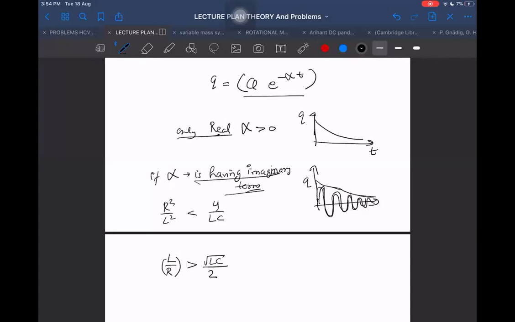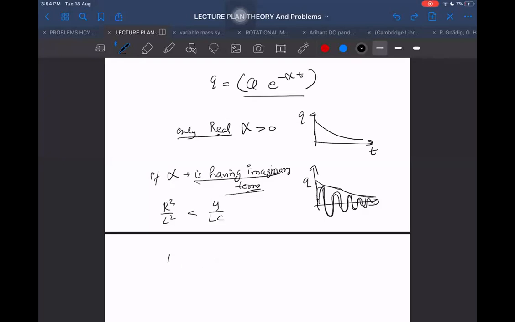But L by R is the time constant of the LR circuit. Root LC was having some significance, I think. So what was its significance? No, R by L is the time constant, I think. What is the time constant, R by L or L by R?